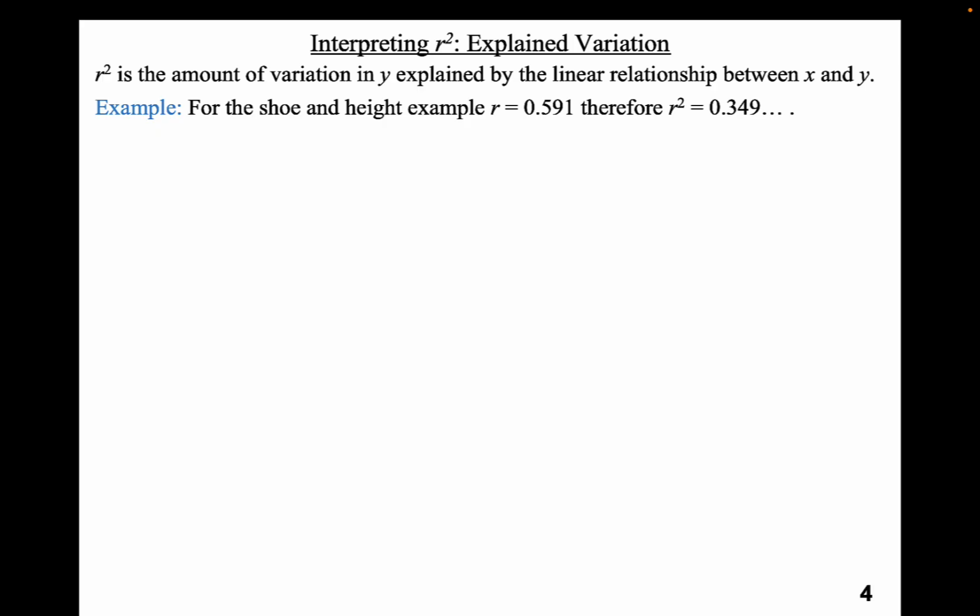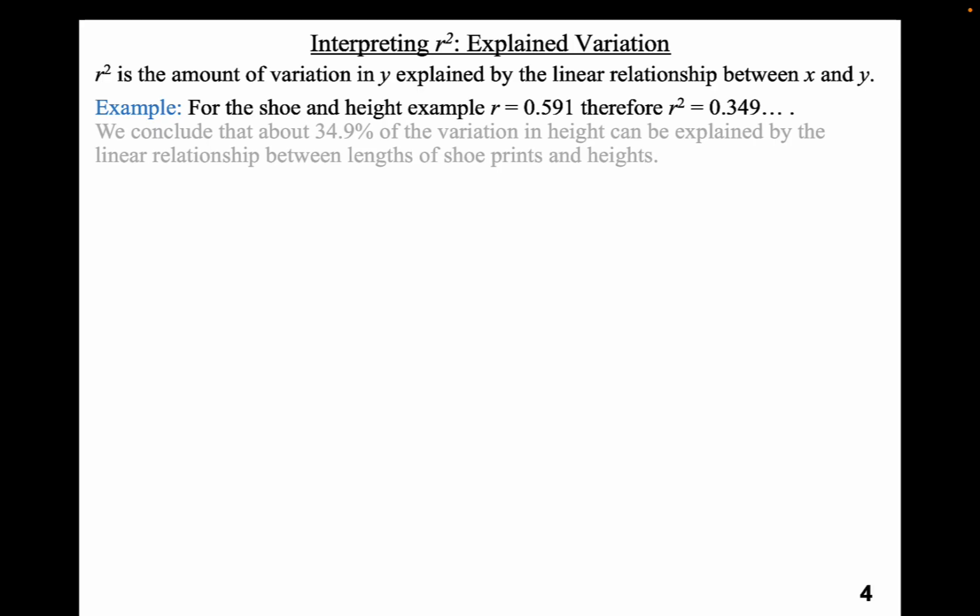And what we say about that value is stated like this. We conclude that about 34.9% of the variation in height can be explained by the linear relationship between lengths of shoe prints and the heights.